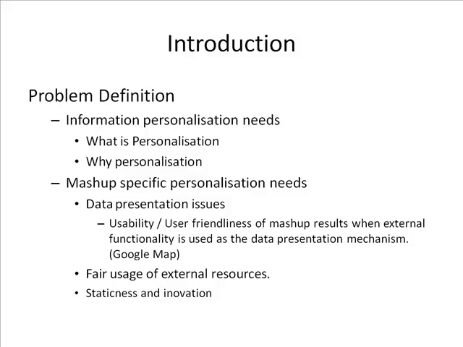On the other hand, when an external resource is used as the main data presentation mechanism of the mashup system, such as use of a map API to present data, the user-friendliness of the mashup may decrease because the external resources may not be intended to be used as a data presentation mechanism. Hence, the data presentation aspects may not be covered properly.